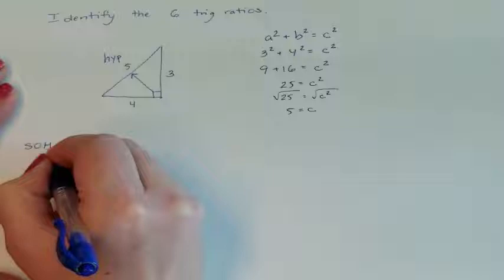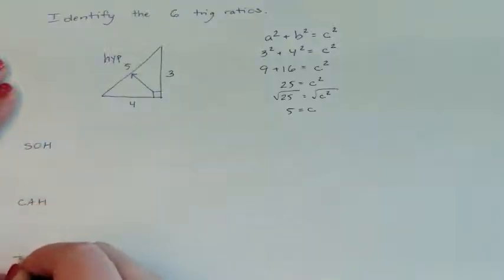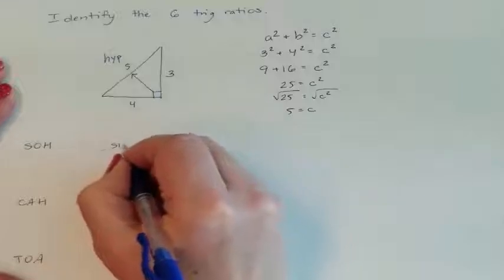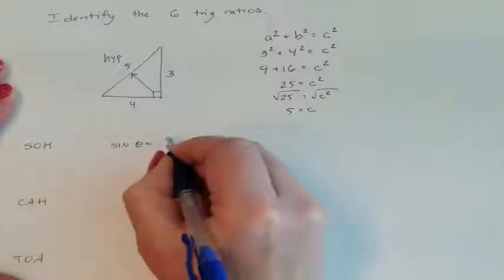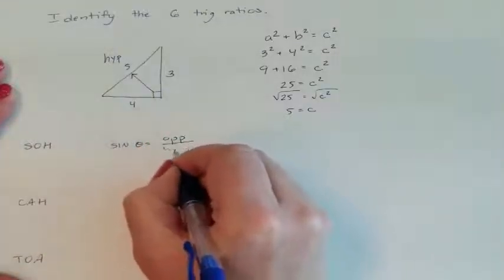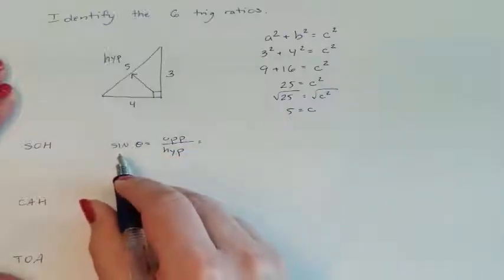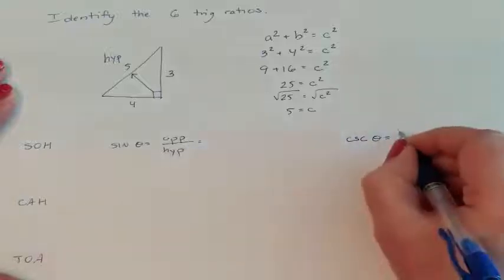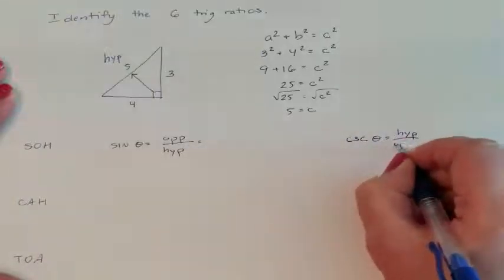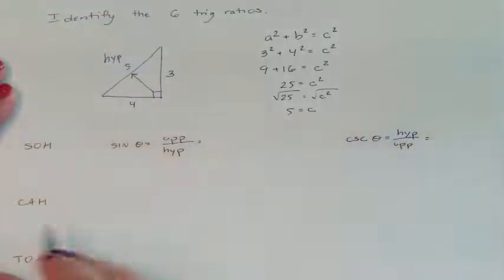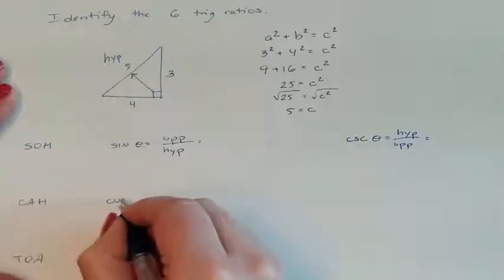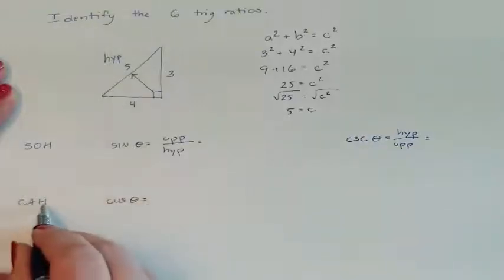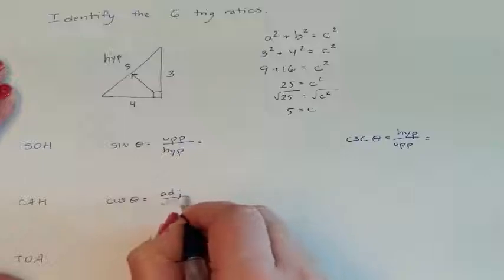So I have SOH, CAH, TOA. That helps me remember that sine of theta is opposite over hypotenuse. That also helps me to remember that cosecant is its reciprocal, and cosecant is hypotenuse over opposite. CAH helps me to remember that cosine of my angle theta is adjacent over hypotenuse.